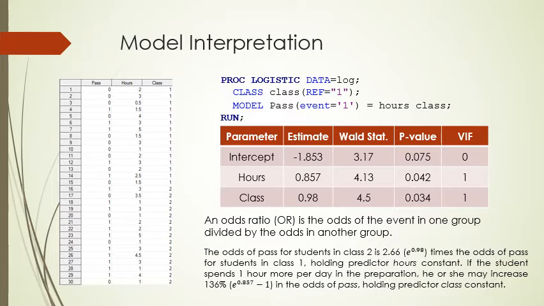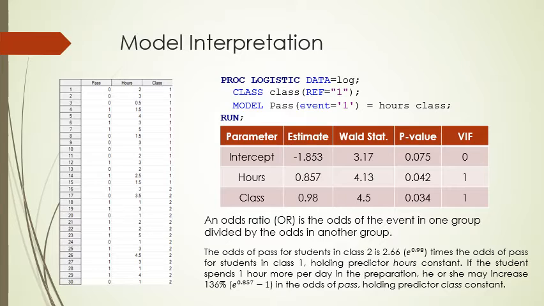For example, the odds ratio of the predictor class is 2.66, which means the odds of pass for students in class 2 is 2.66 times the odds of pass for students in class 1, holding predictor hours constant.